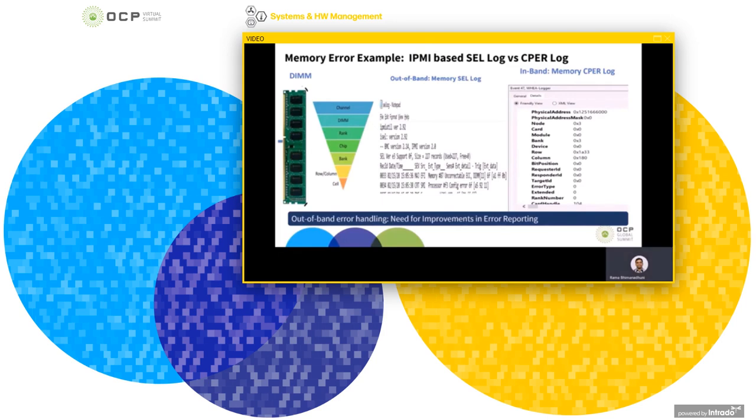Let's look at DIMM failures, how they are reported out of band and in band. A DIMM failure can happen at a row level, bank level, rank level, even at a memory controller level. For out of band, we currently use the IPMI-based SEL log to report the error, as the IPMI SEL has only 16 bytes of data.